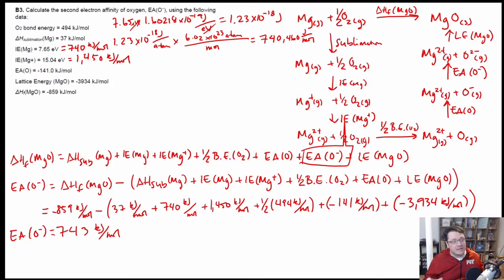And the reason why is that the second and third electron affinities are always going to be positive numbers. Typically for most atoms, electron affinity is actually a negative number. It's a stabilizing scenario where you release energy from the system when you're putting the electron in. There's some scenarios where that's not the case.